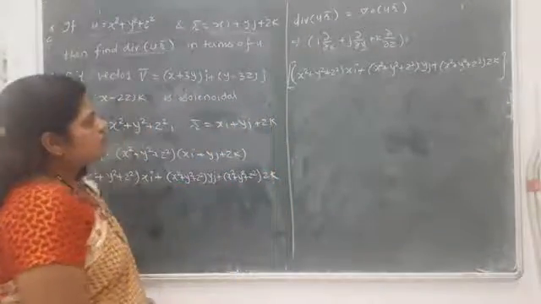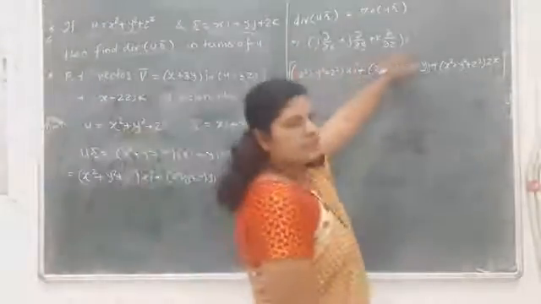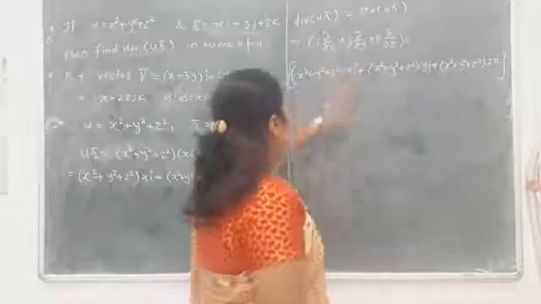So we write this term. Now we know that we are taking the dot product, so i dot i is 1.